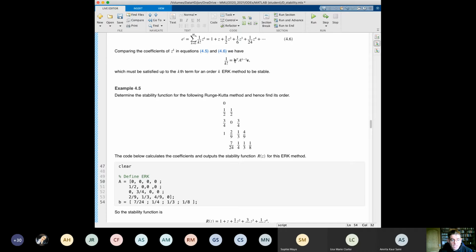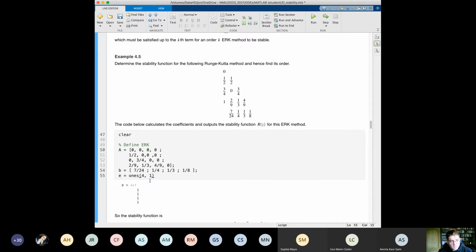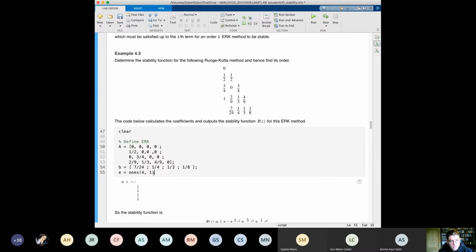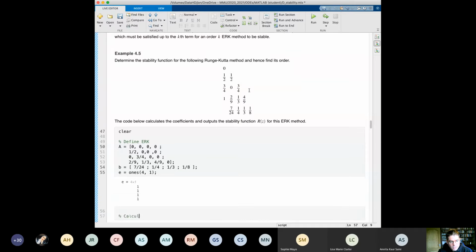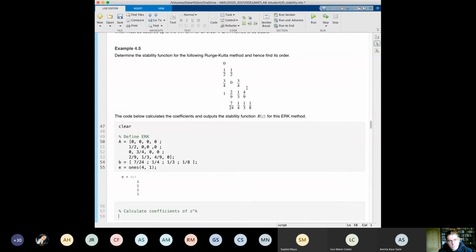We just need A and B. We also need that vector E, which is going to be a 4x1 array of ones. Just to show you what that ones command gives us: a 4x1 array of ones. Now we can calculate the coefficients of z to the k.